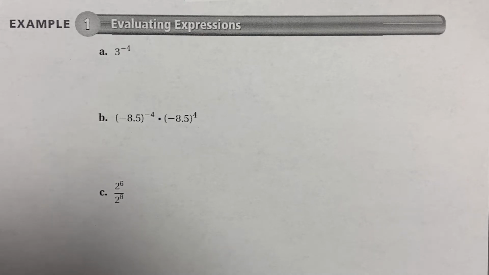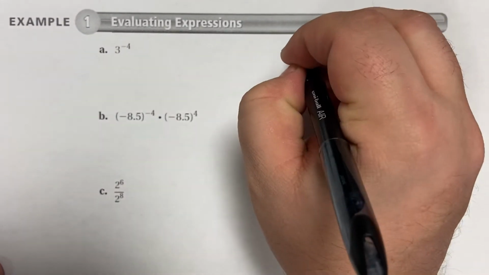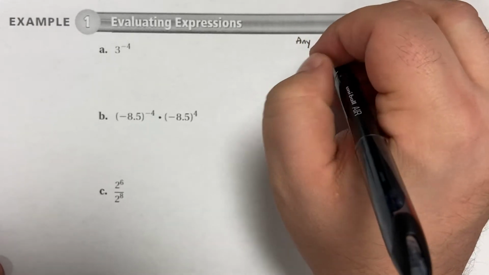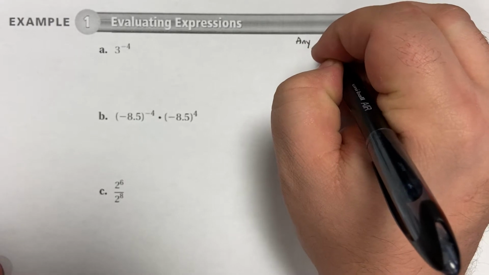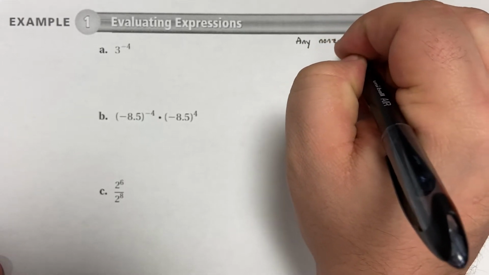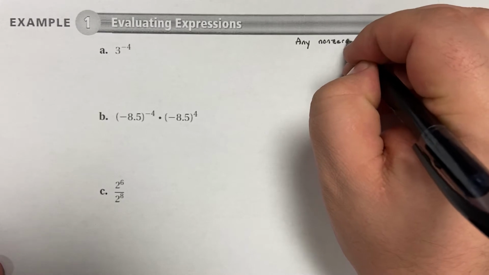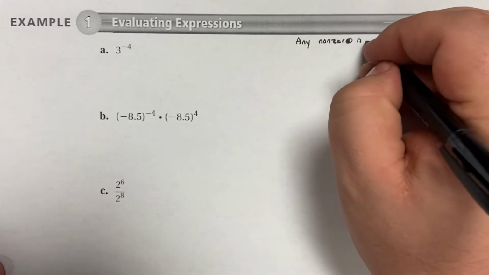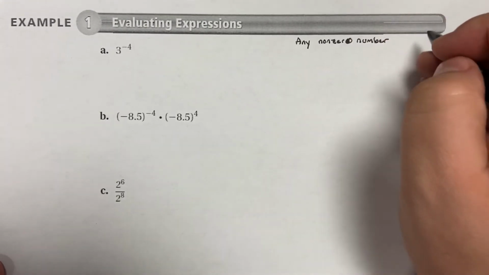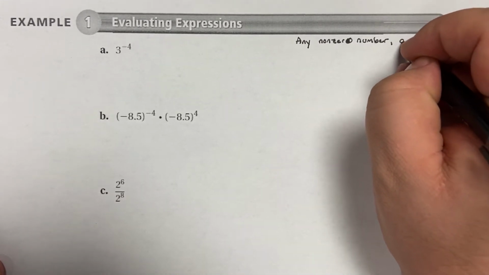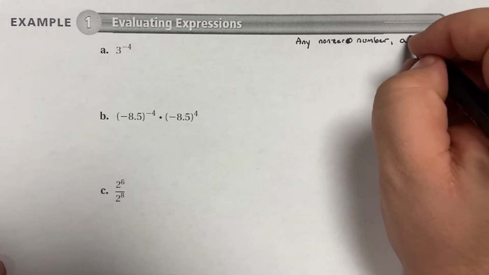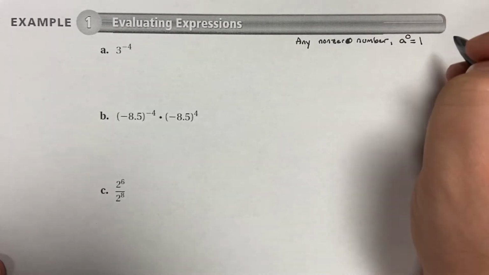When we're talking about zeros and negatives as exponents, we have to keep a couple of things in mind. First and foremost, any non-zero number, which we're going to represent as a, to the 0 power is equal to 1.